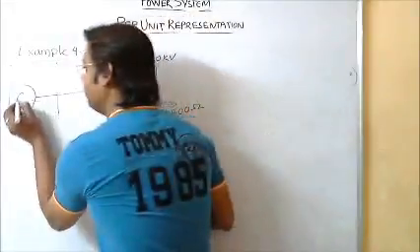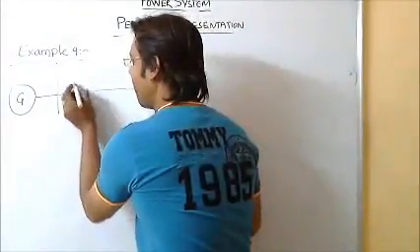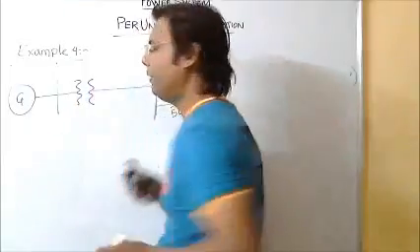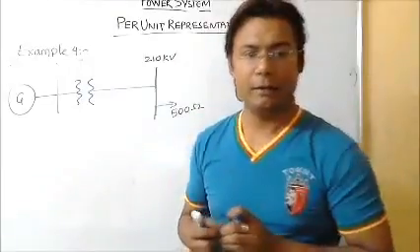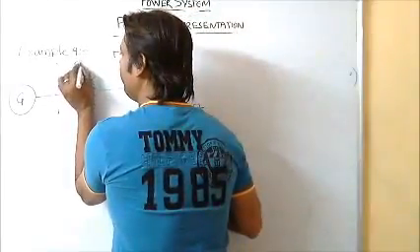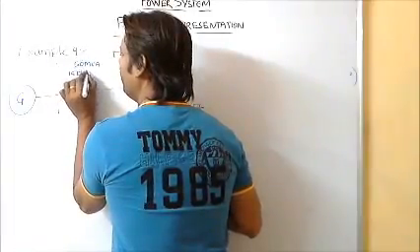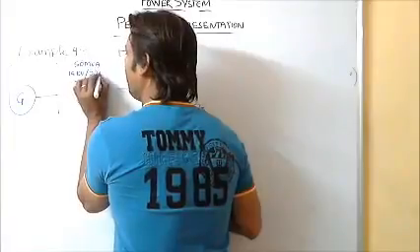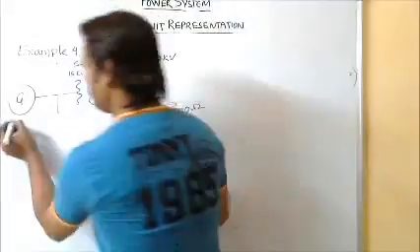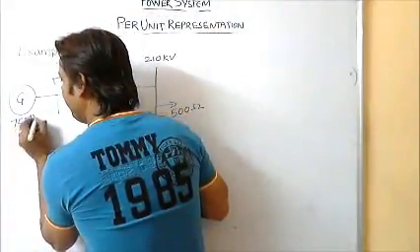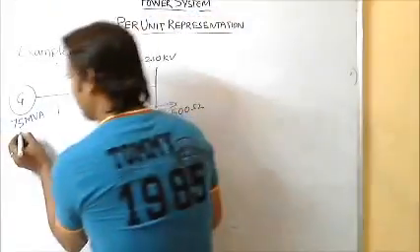This generator and the transmission line are connected by a transformer which is of 50 MVA and 15 kilovolt to 220 kilovolt. And this generator is of 75 MVA and the voltage rating is 15 kilovolt again.